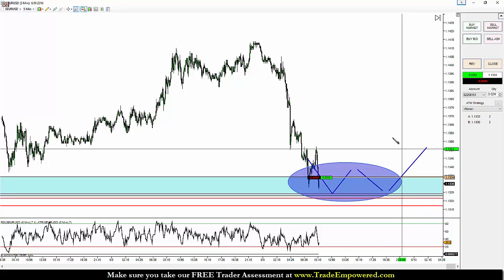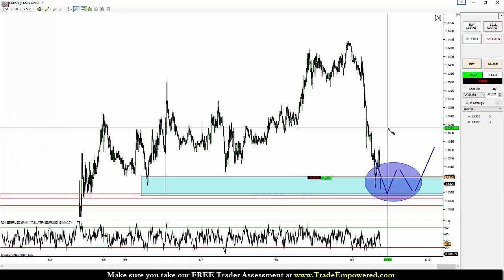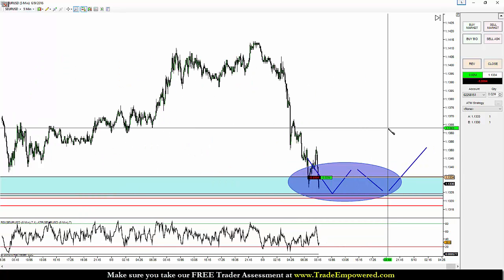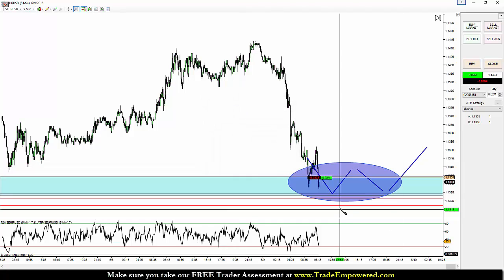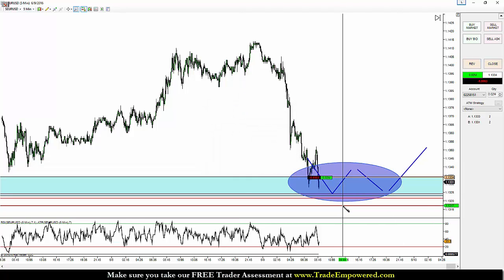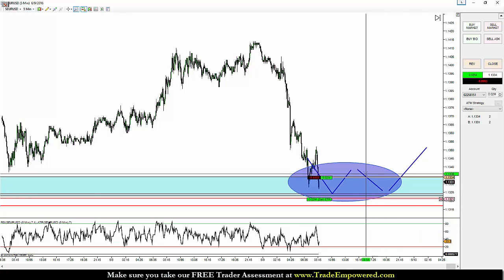Will give you a 2 ATR stop. Either way, they're below structure.